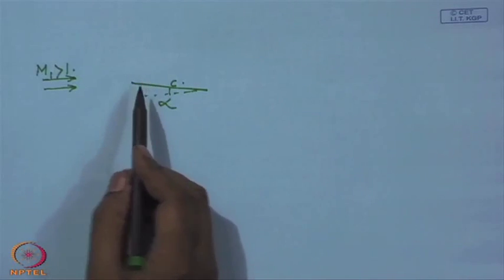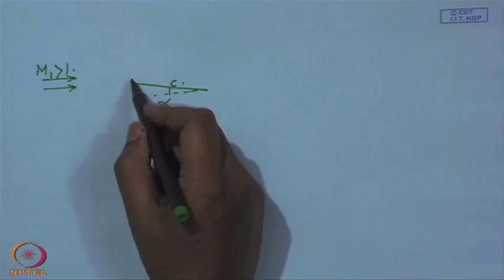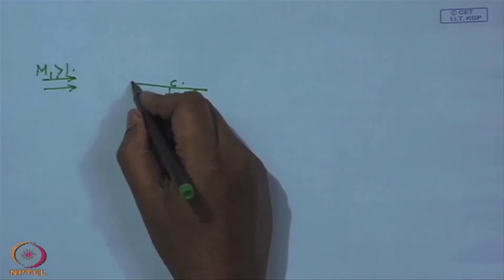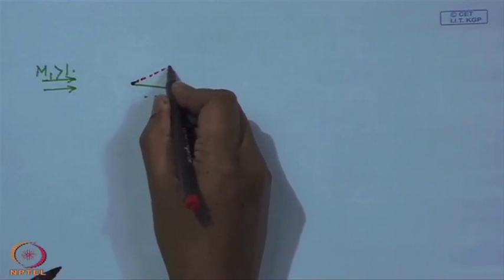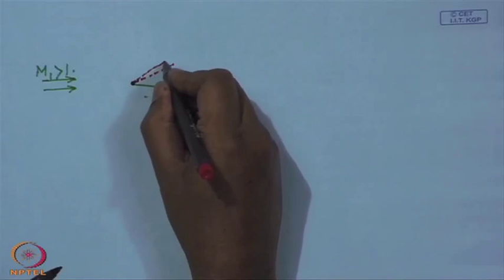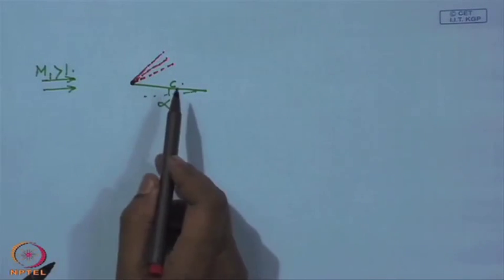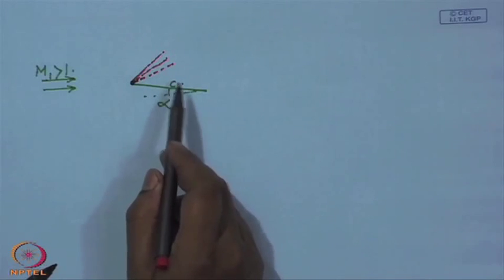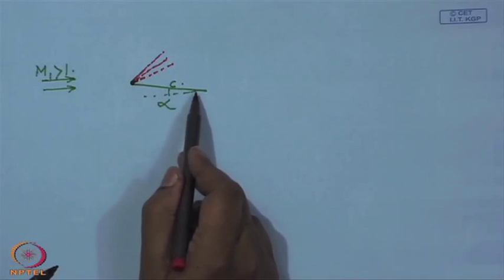Now, the flow on the upper surface turns, and since it is an expansive turn, it turns through a centered expansion fan, and the Mach number increases, pressure decreases downstream on the surface of the plate.